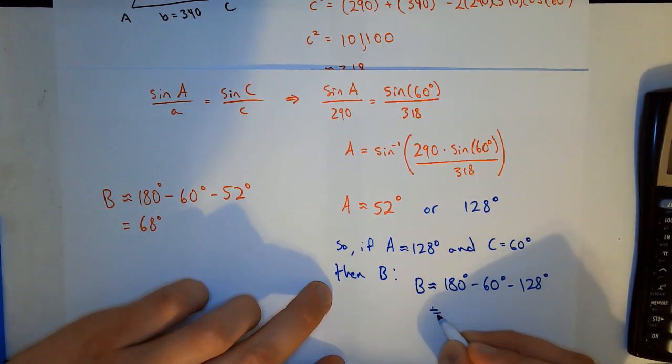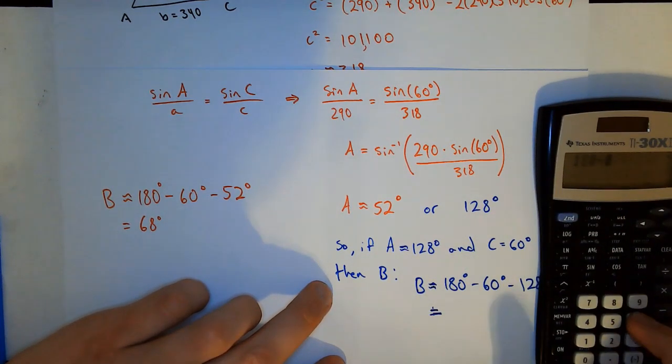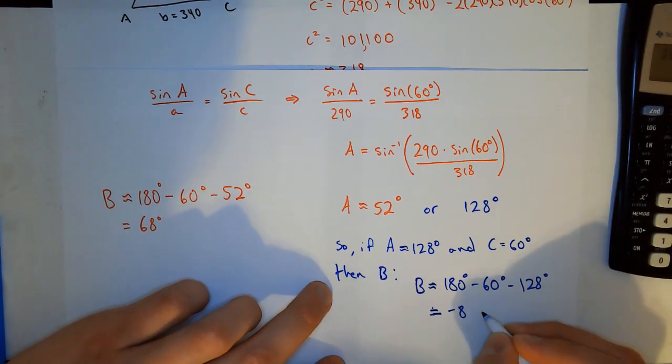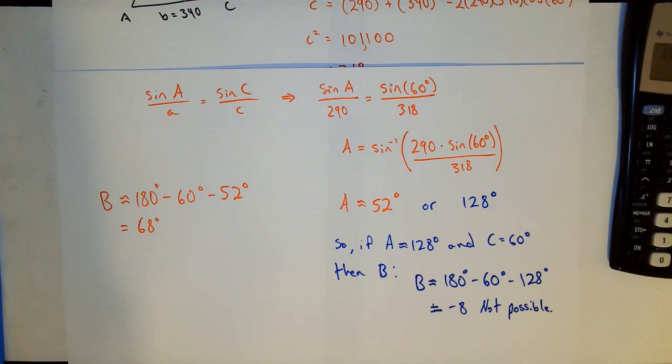So 180 minus 60 minus 128 is negative 8. So this is not possible. We do not need to consider the other angle.